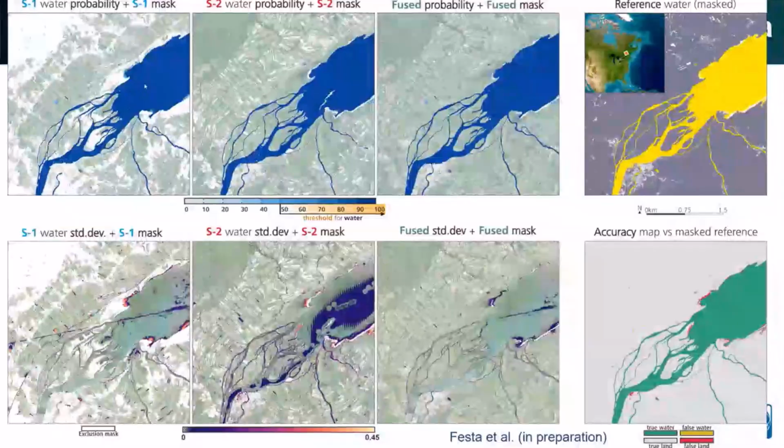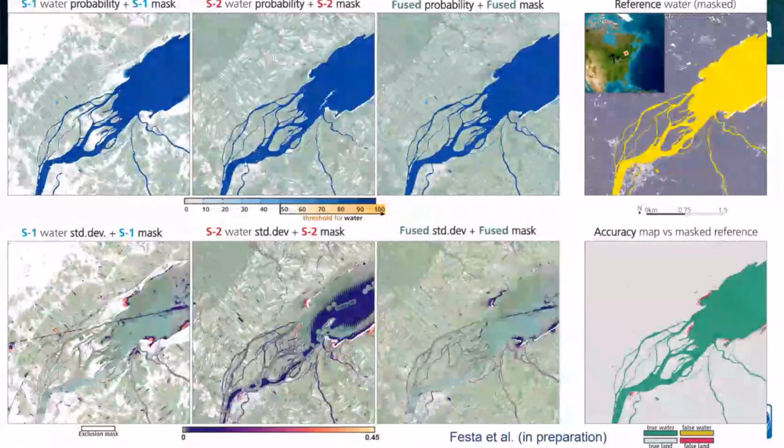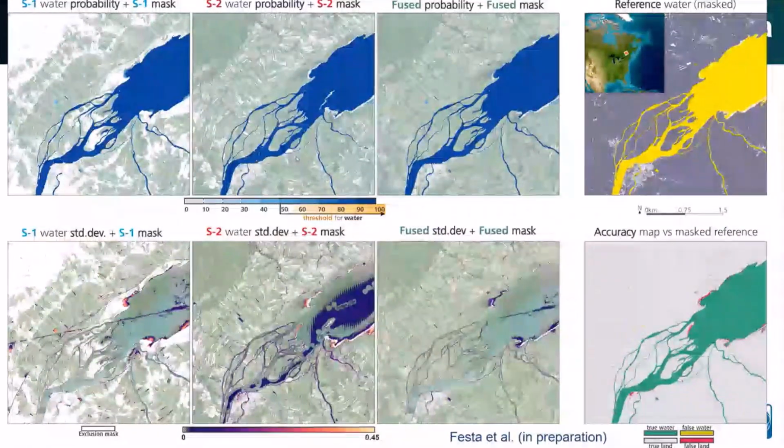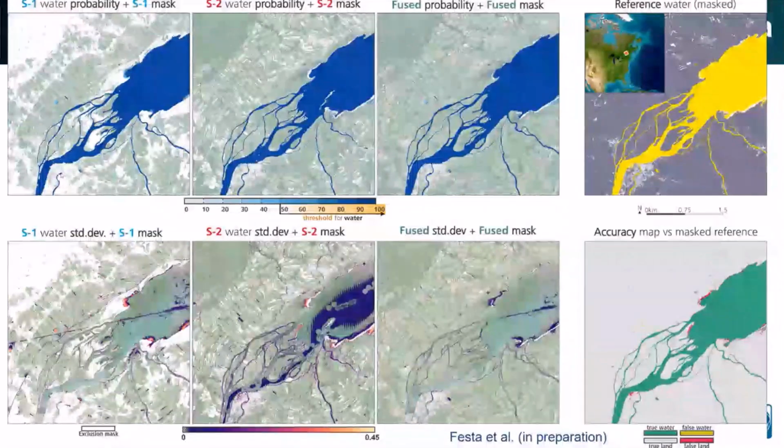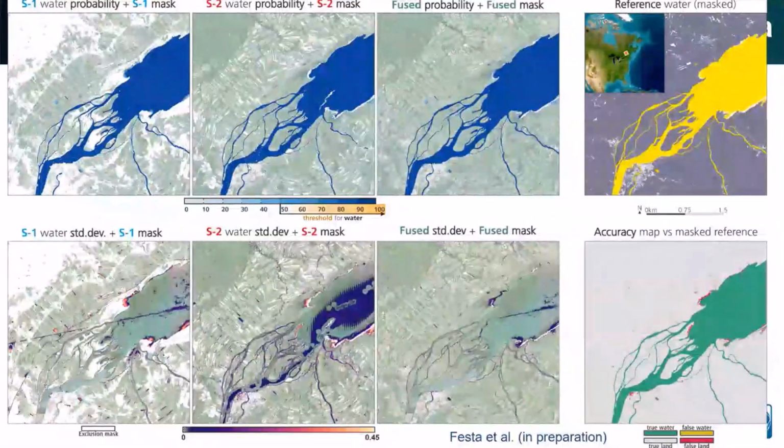We can also then look at the likelihood values. At first sight, they look very similar for that case. But if you look into details, there are quite significant differences. Yeah, for example, here in that case, that small little river arm, we don't have any Sentinel-1 observations, possibly due to the specific geometry for that scene in that urban area, while for the Sentinel-2 data, we're still seeing it.